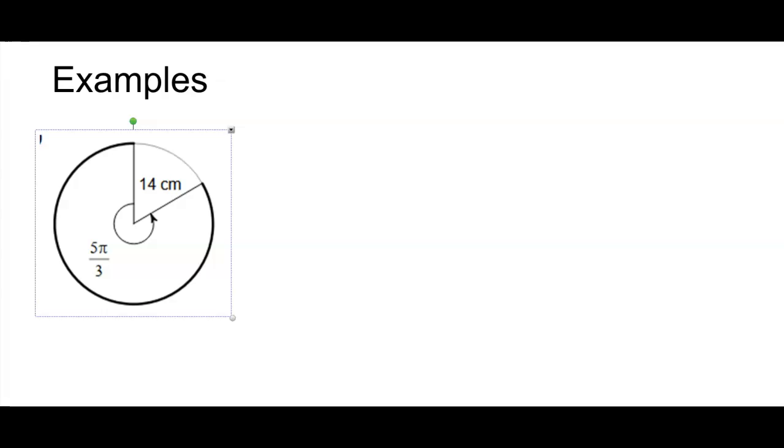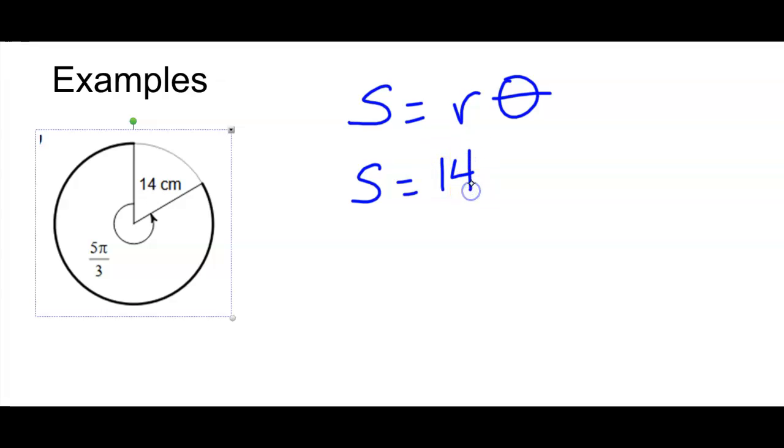Here's an example. So this first example, S equals R theta. You want to make sure that your theta is in radians. As you can see, ours is. So for this one, here's the angle that's marked. So they're talking about this big portion of the circumference. So you just take your radius, which is 14 centimeters, multiply it times your theta, and theta is in radians.